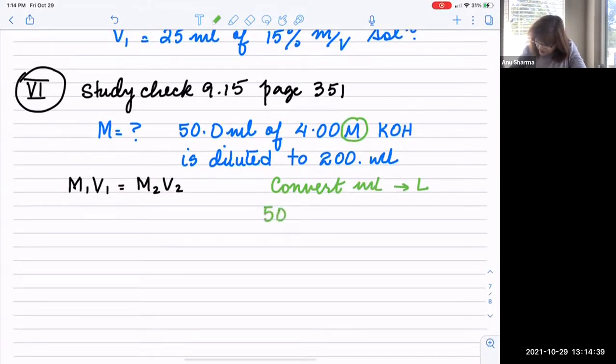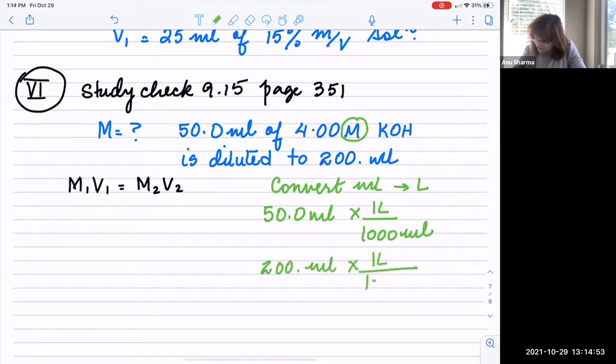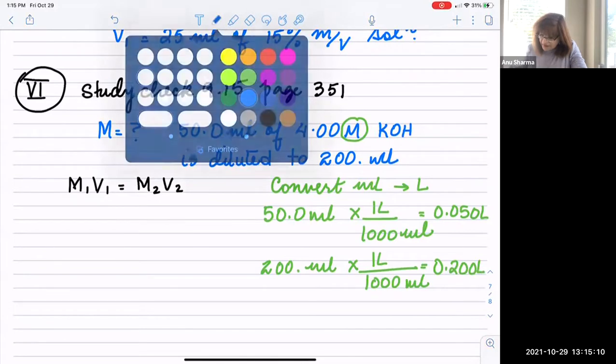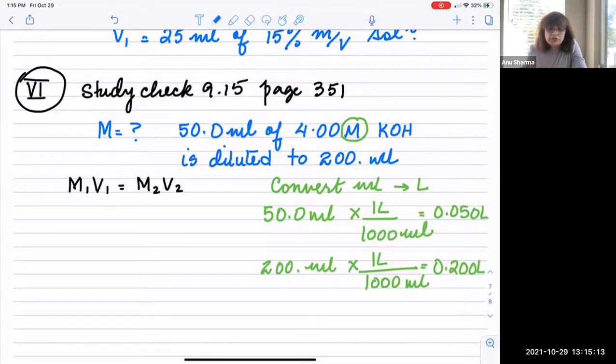So 50.0 milliliters times 1 liter over 1000 milliliters, and 200 milliliters times 1 liter over 1000 milliliters. The answer here is 0.050 liters, and here the answer is 0.200 liters.